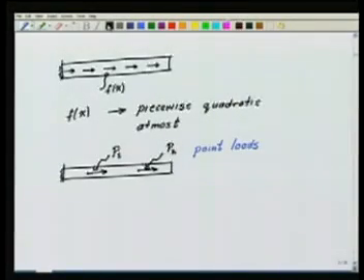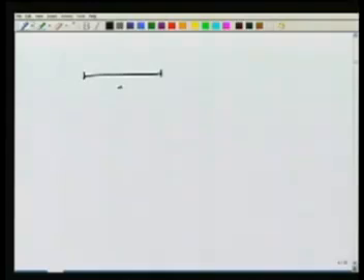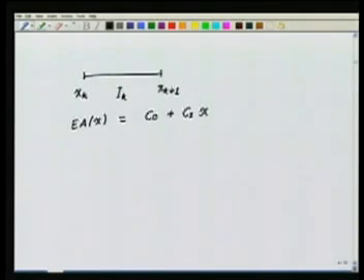So with this in mind, in an element, if I take a generic element ik with endpoints xk and xk plus 1, now I know that in the element your EA of x is some constant plus some linear at the most.